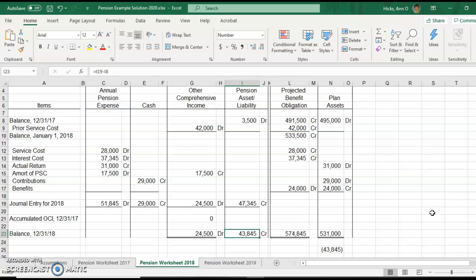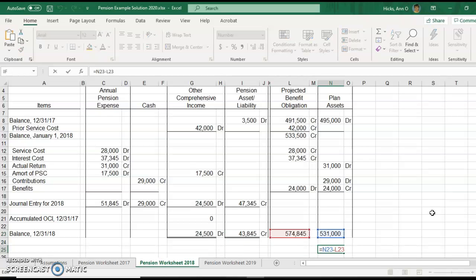And you will notice that equals the beginning balance in our pension asset adjusted by the amount that we need to record in order for our entry to balance. And here I just put in a check figure to ensure that this amount and this amount are the same. This is just a calculation of our under or overfunded status, which is what we need to have in the pension asset liability at the end of the year.